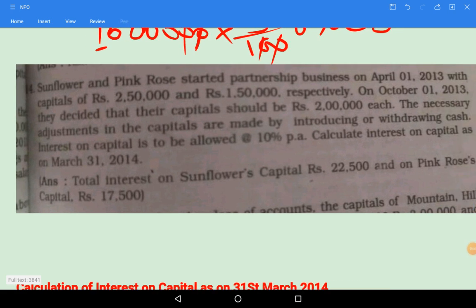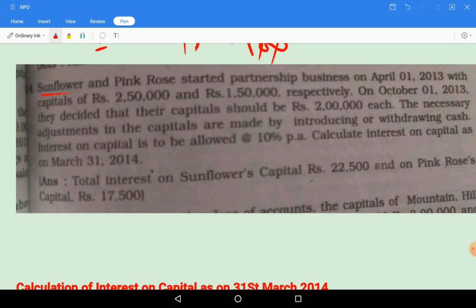See, there are two partners in question number 14. Sunflower and Pincrose started partnership business on 1st April 2013 with capitals of 2,50,000 and 1,50,000 respectively. This is Sunflower's and this is Pincrose's. This is for Sunflower 2,50,000.